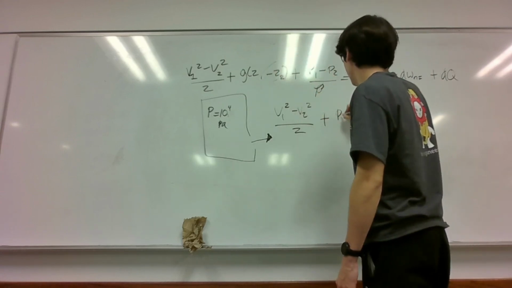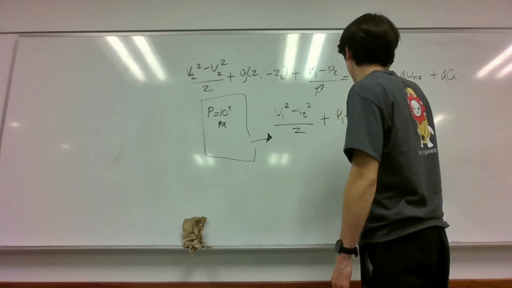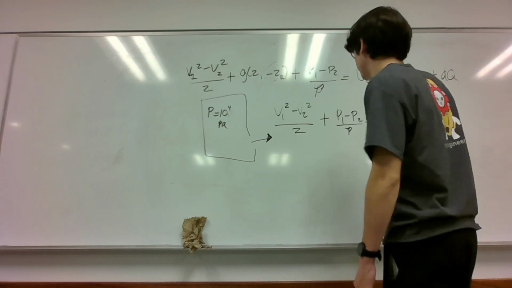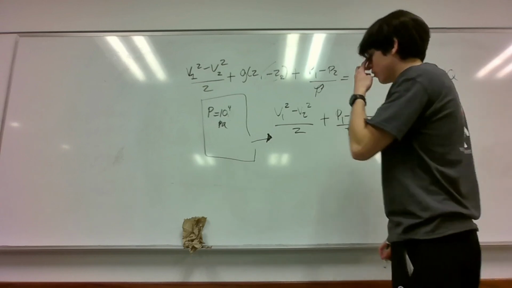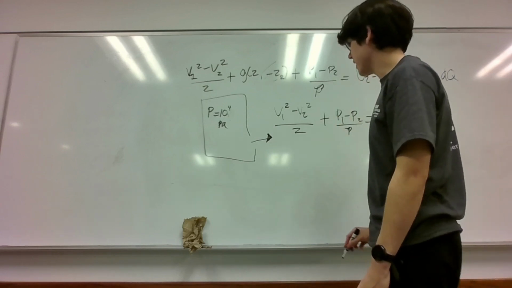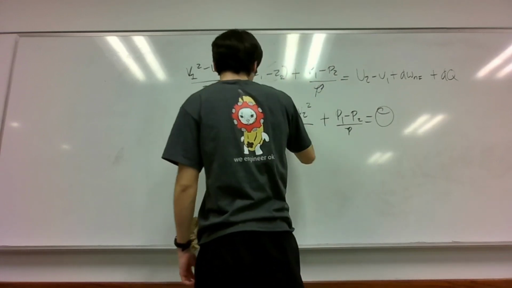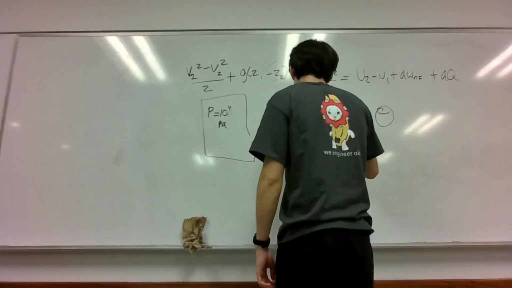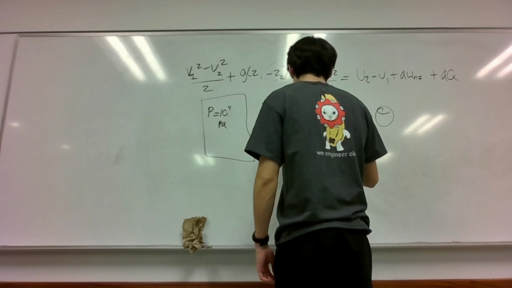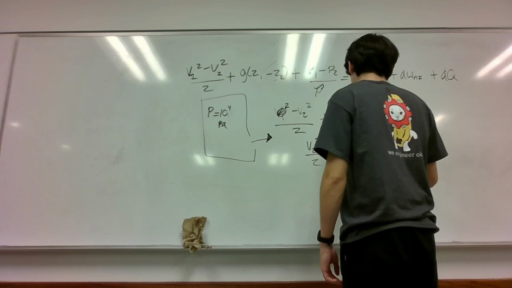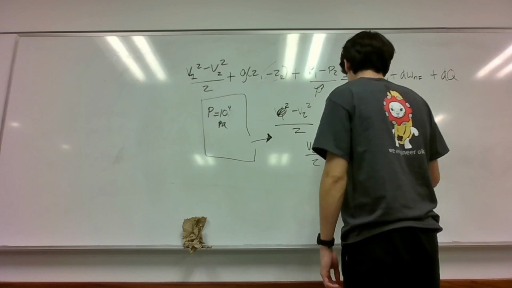Plus P1 minus P2 over density equals 0. So we have everything we need. We assume that there's no flow rate in, so this is just 0 here. So we have V2 squared over 2 equals P1 minus P2 over density.